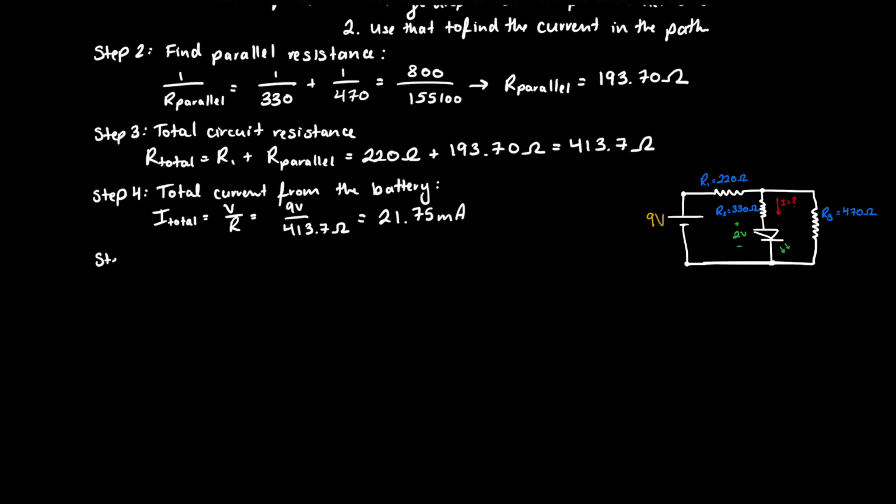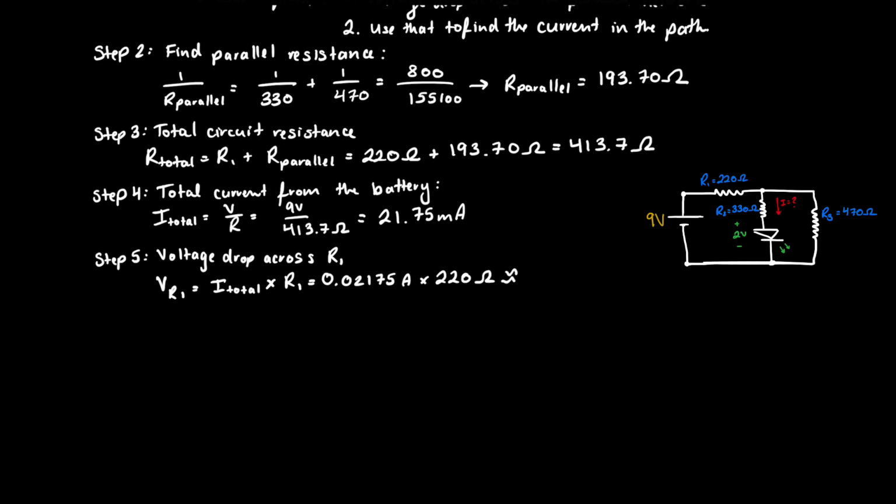In step 5, we need to find the voltage drop across R1. We already know that the current flowing through R1 is 21.75 milliamps, and R1 itself is 220 ohms. So the voltage drop across R1 is V equals IR equals 0.02175 times 220 ohms equals 4.785 volts.